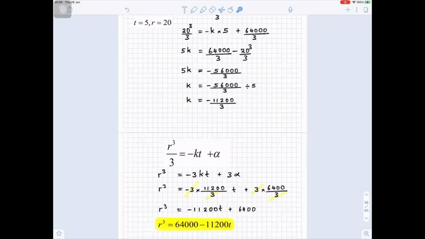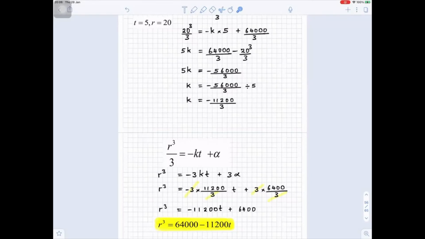So r cubed over 3 equals minus kt plus alpha. We can multiply each of them by 3, so this will cross out, and you're left with r cubed equals minus 3kt plus 3 alpha.